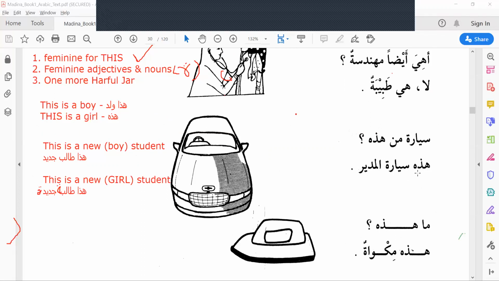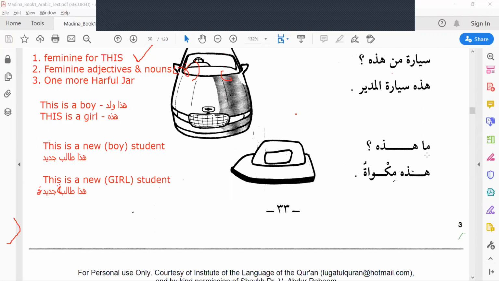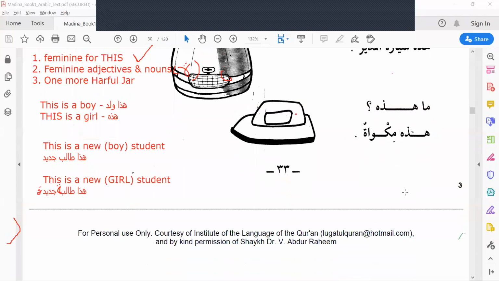Car is feminine, so we are using hadihi. Ma hadihi. What is this? Hadihi mikwatun. This is an iron box. Ma hadihi. What is this? Hadihi mikwatun. This is an iron box.